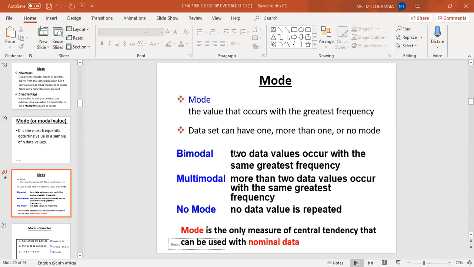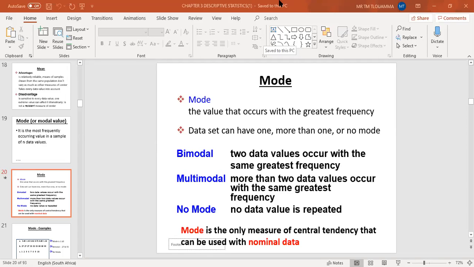We're having the bimodal. Bimodal is when two data values occur with the same greatest frequency. It might happen that in our data set, we find two values which occur most frequently. Let's say we're having 3 and 3 and also 7 and 7 in our data set.